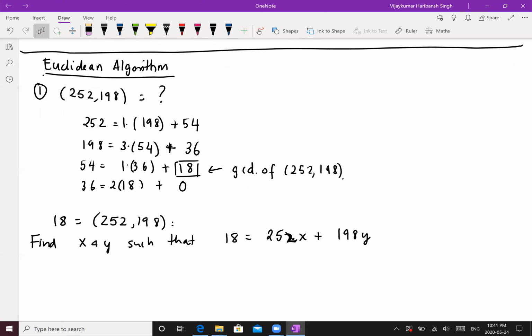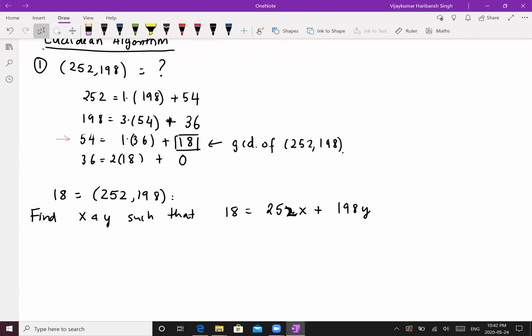So how do we go about it? We start from the second last part here. We write 18 equals 54 minus 1 times 36.